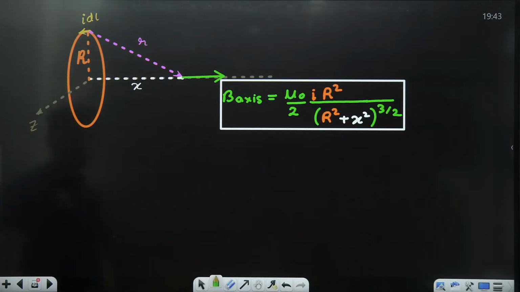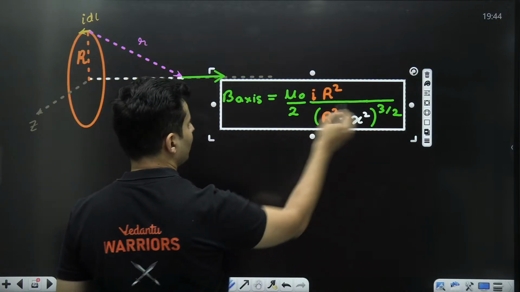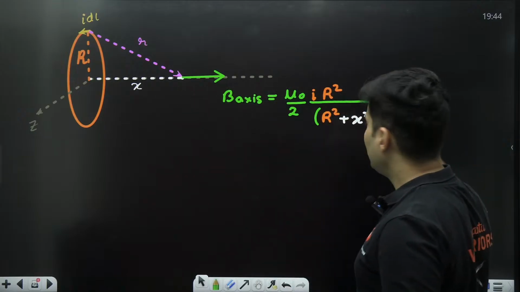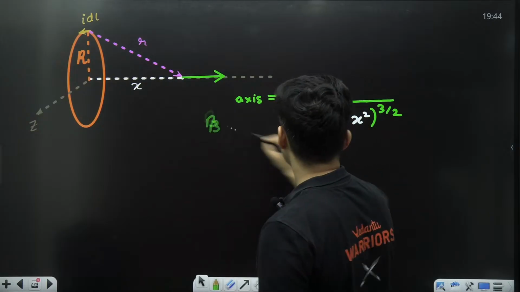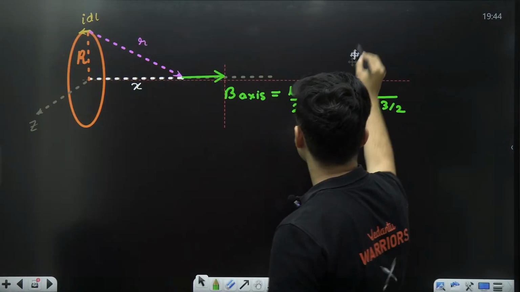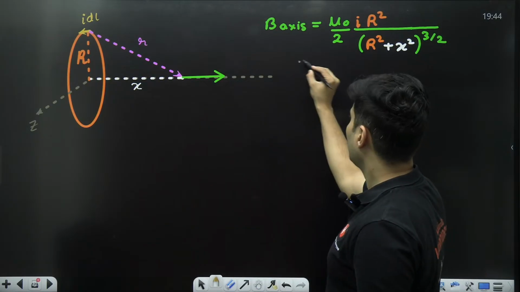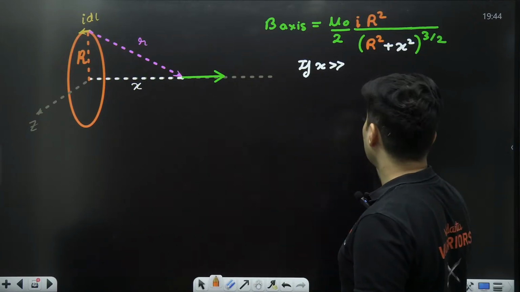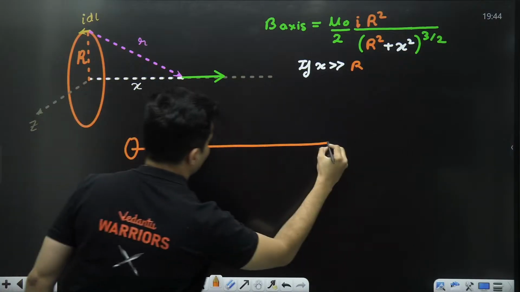So is there some relationship? The answer is yes. So let's find that out. What is that relationship? If you go really, really far away, then what happens is, if x is much, much larger than the radius, that means the loop is over here and you are somewhere over here.